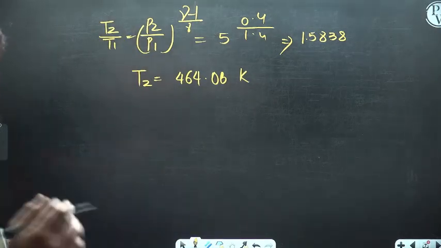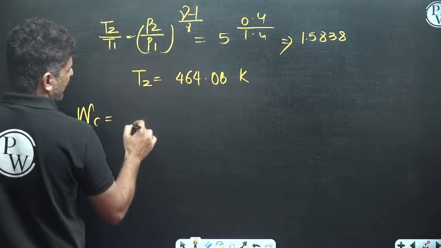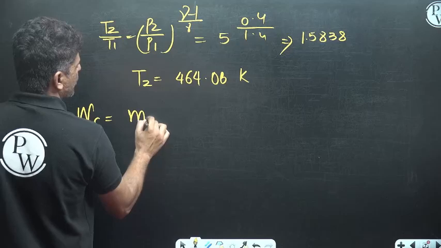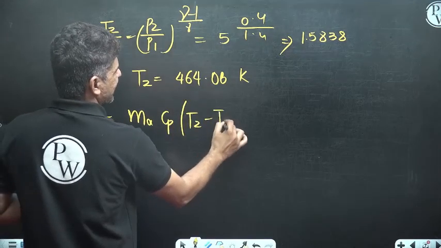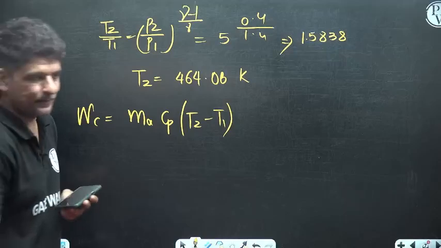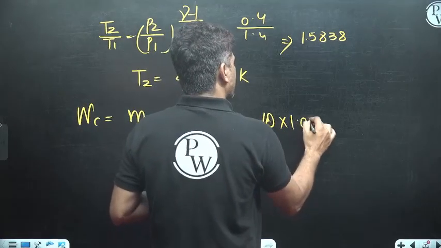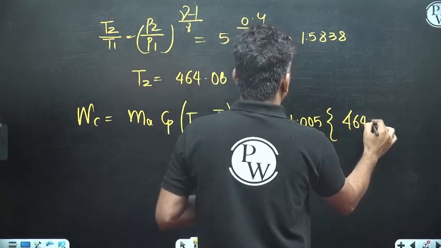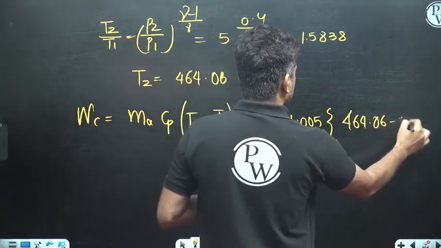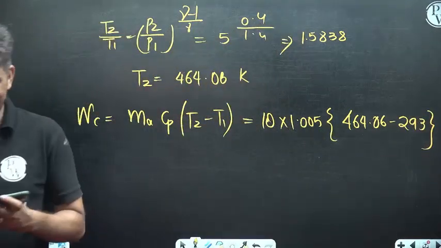Now you can calculate what is work required in compressor. Work required in compressor will be equal to mass flow rate of air multiplied by Cp multiplied by T2 minus T1. This will come out to be 10 multiplied by 1.005 multiplied by 464.06 minus 293. Is it clear?